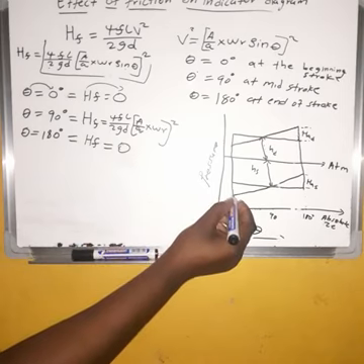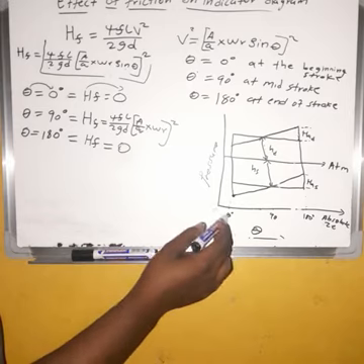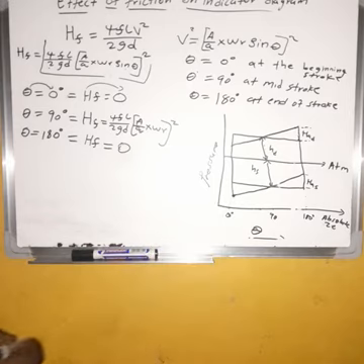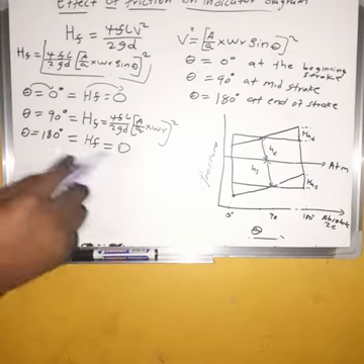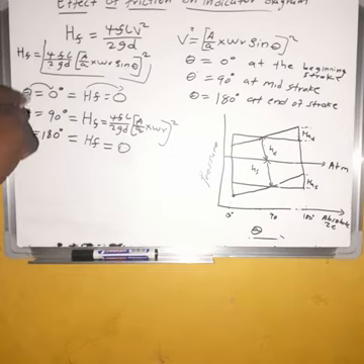That means we'll have a dot here. When theta is equal to 0, HF will be equal to 0. Right. Now, what about when theta is equal to 90?